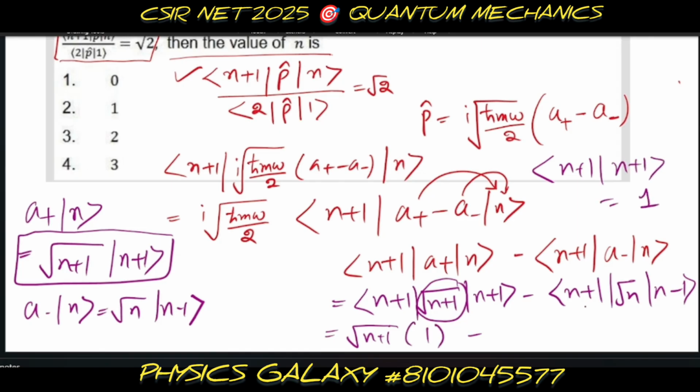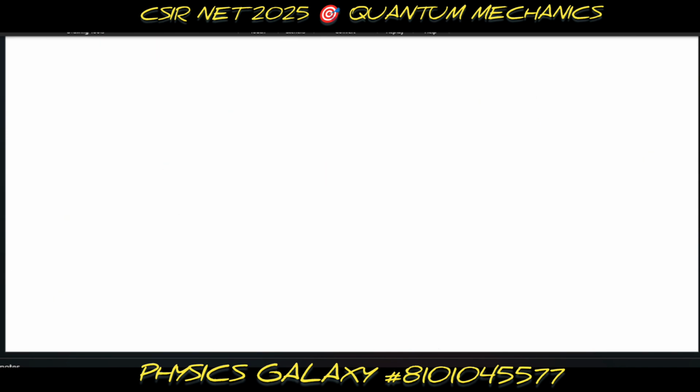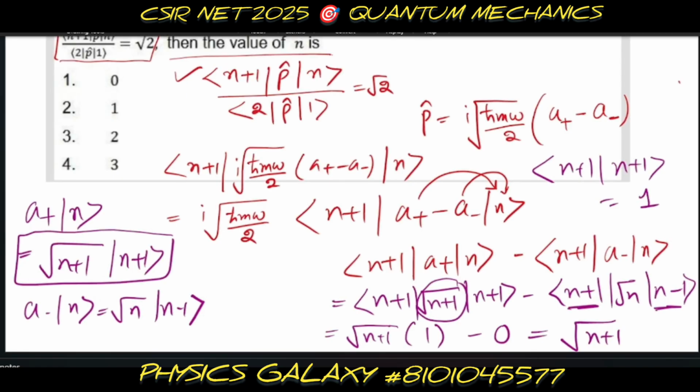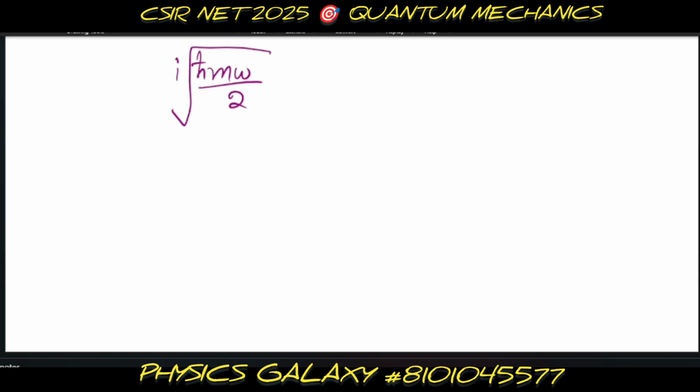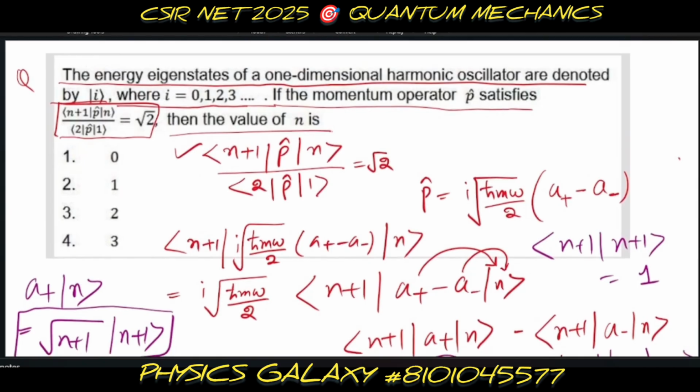So 1 minus, so this is the n plus 1 state, this is the n minus 1 state, so their inner product will be 0, so simply it's under root of n plus 1. Okay, so the numerator part we have is simply i times root of h cut m omega by 2, then we have root n plus 1, divided by, so in the denominator we have 2<P>_1, so we can say n plus 1 equals 2 and n equals 1, right?